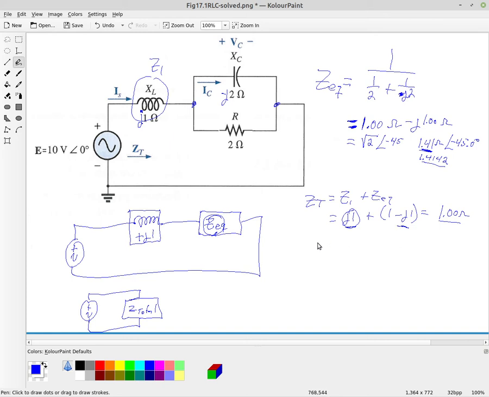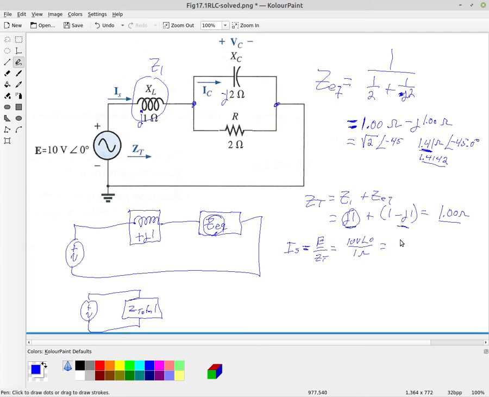All right, so now we can calculate our supply current, I supply. Ohm's law says that we're going to take E divided by Z total to get that supply current. So we're going to have our 10 volts, angle 0 degrees, divided by simply 1 ohm.